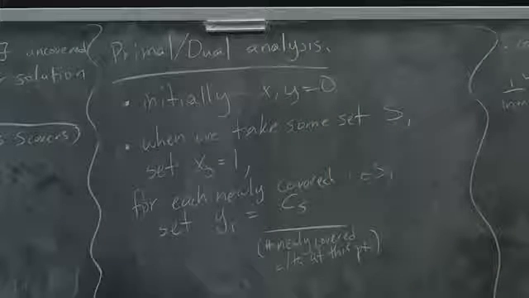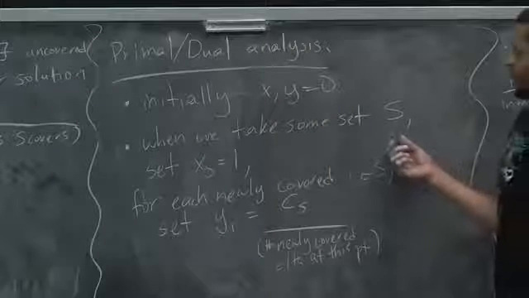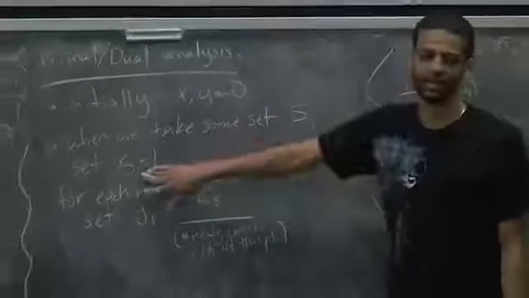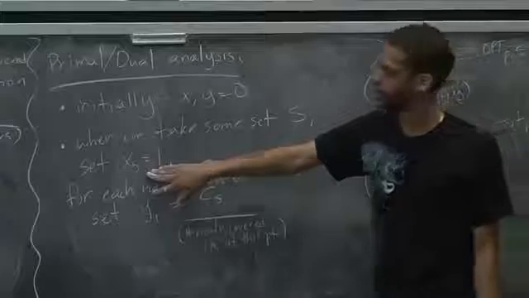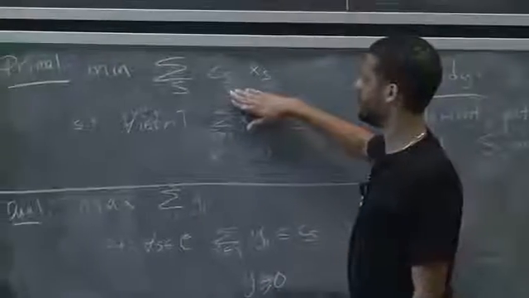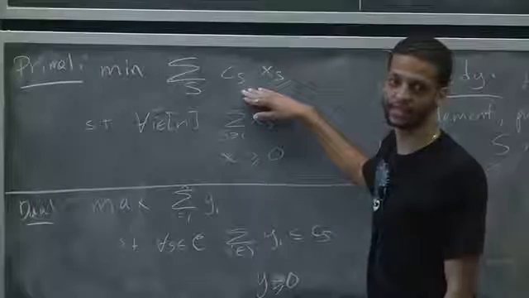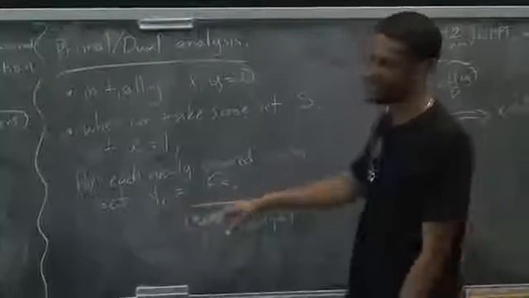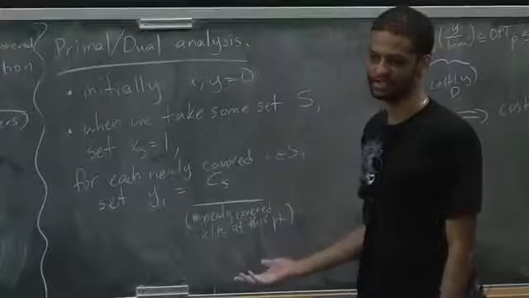Okay, so when we take a set S, we set x_S to be 1, which means we just increased the primal objective by the cost of S. And for all the newly covered i's, we set y_i. We basically make the y_i share this cost.